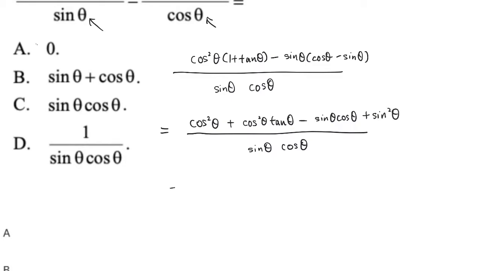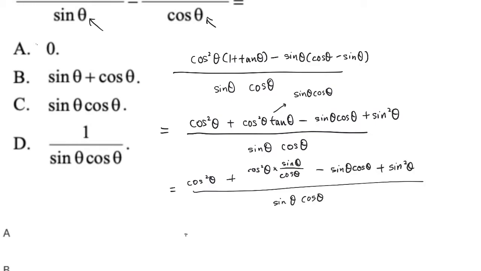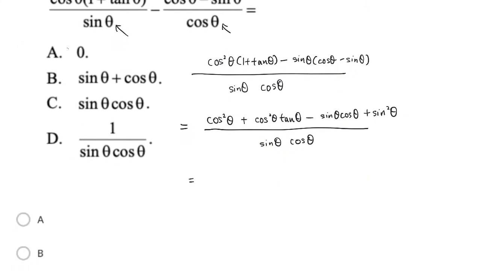And at this moment, you should be able to see this one actually equals sine theta cosine theta. Why? Because if you change it back, this is actually what you have. That is why at the end you will have 1 over sine theta cosine theta, and it's usually answer D to be your choice.